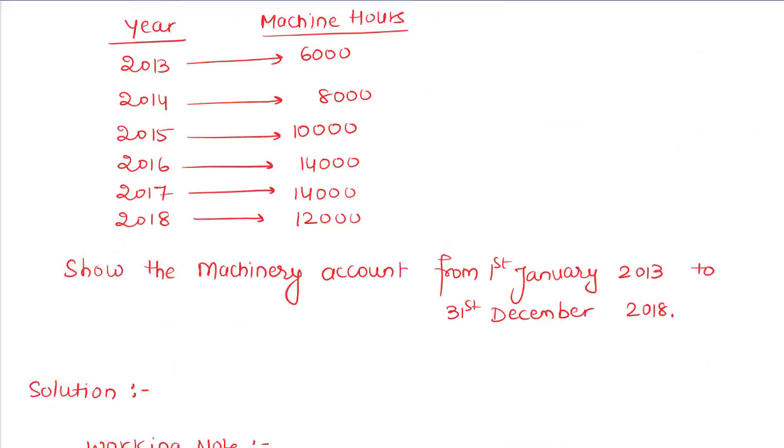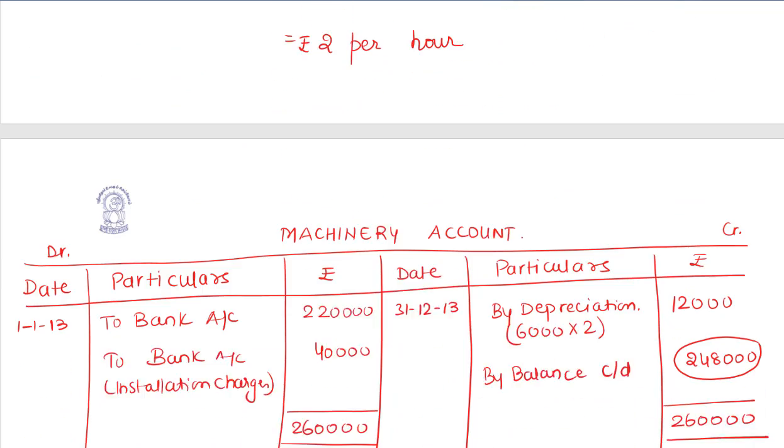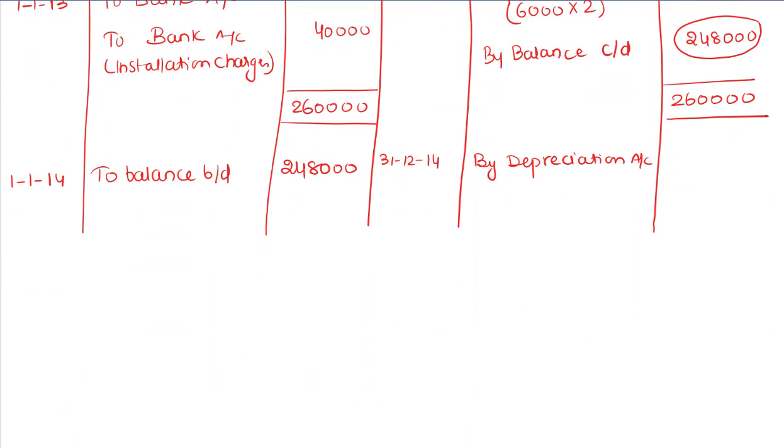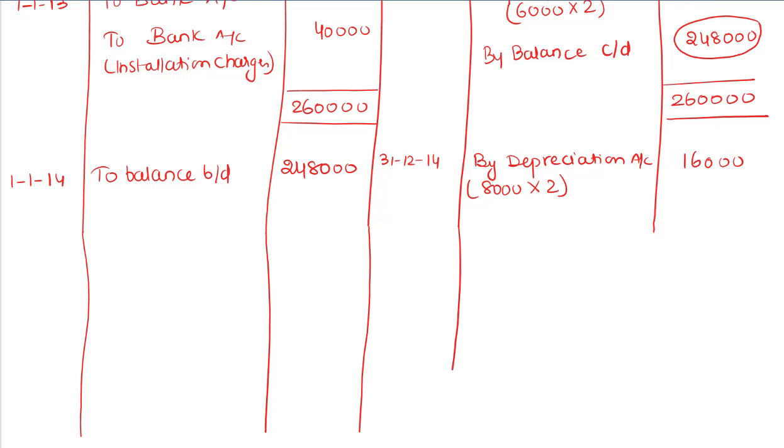Let us see the usage for 2014. It is 8,000 hours. So 8,000 multiplied by 2 per hour, 16,000. Let us stretch these lines.